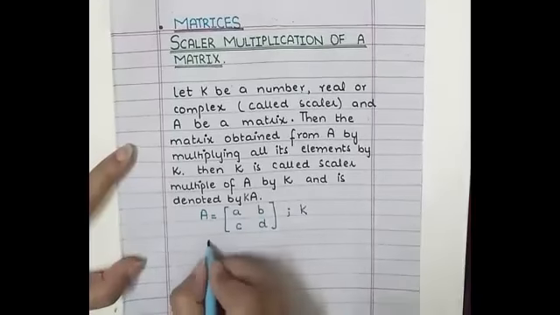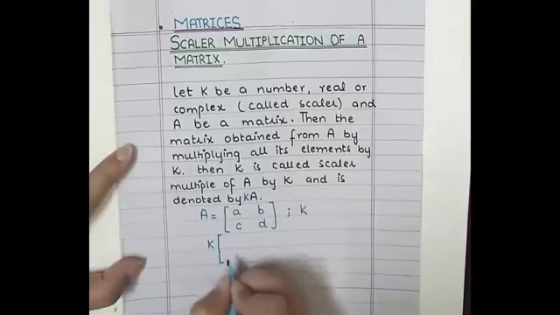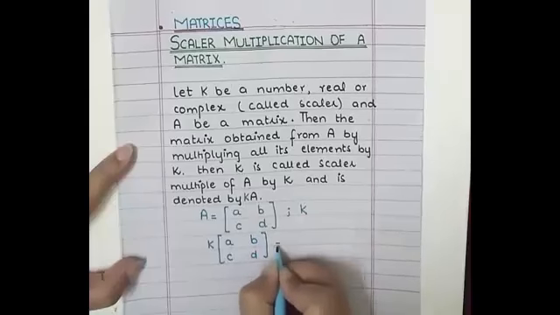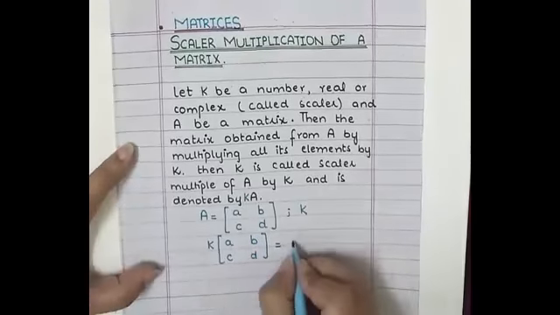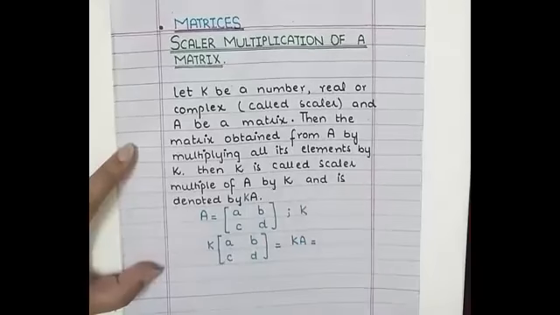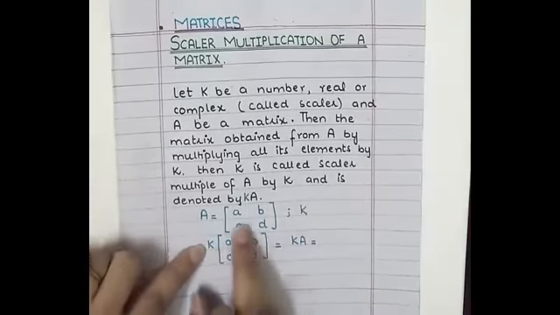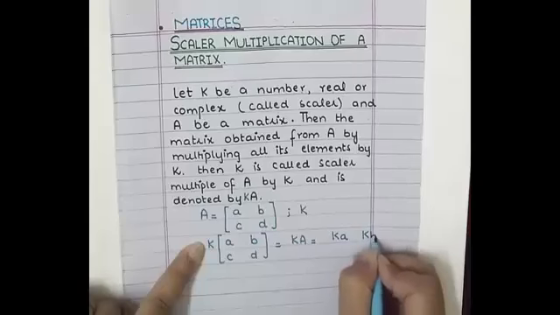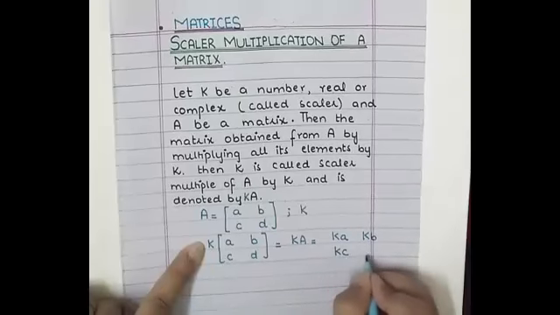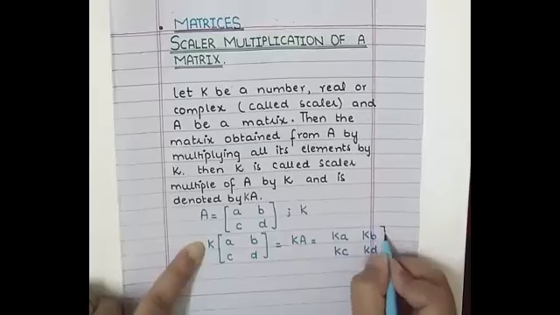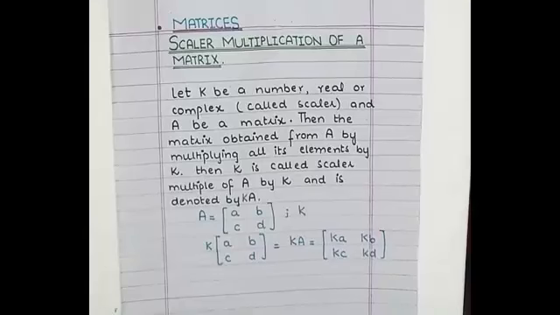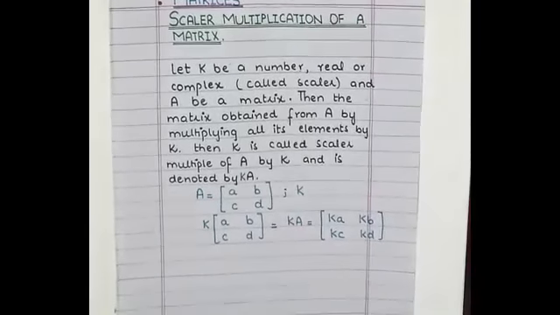To multiply the scalar k with this matrix A, kA will be obtained by multiplying all the elements with this scalar, and we have ka, kb, kc, kd. So this is how a scalar is multiplied with a matrix. Now we will see the properties of scalar multiplication.